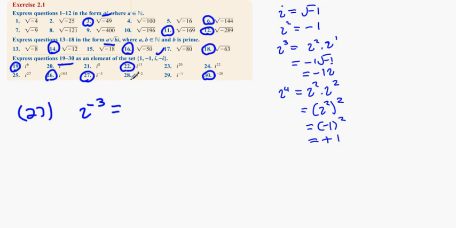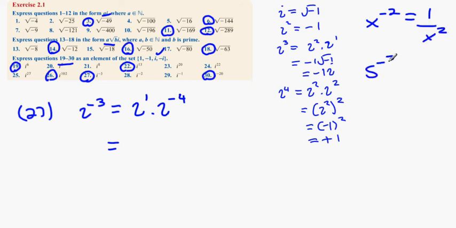What you're going to find out about these ones is there's actually probably more than one way to do it, but what we're going to do is use i^1 minus i^4. Then I'm going to remember a rule about negative powers. x to the power minus 2 is 1 over x squared. Likewise 5 to the power minus 3 is 1 over 5 cubed. Therefore this is going to be i over i^4. And we know that i^4 is 1. So it's going to be just i divided by 1, which is i.